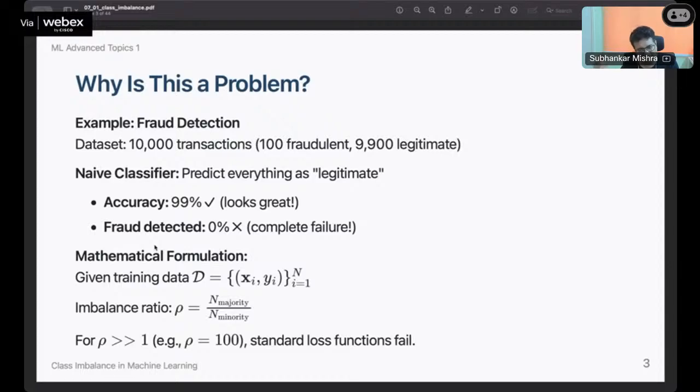There are other places where the imbalance ratio is the other way around, the number of examples in the minority class divided by the number of examples in the majority class. So just take care, even if it goes the other way around, make sure the definition is consistent. And for anything with rho greater than or equal to 1, all the standard loss functions will start to fail.